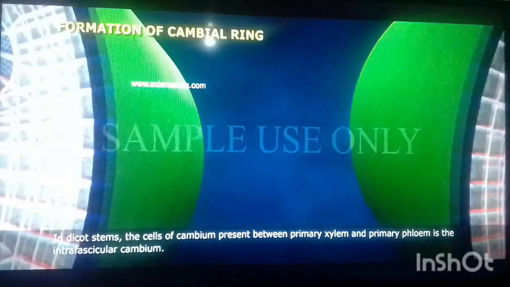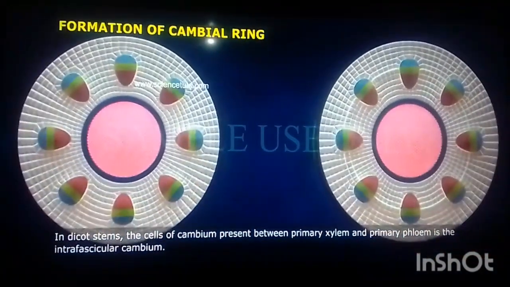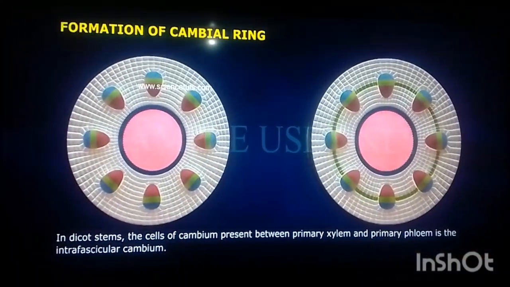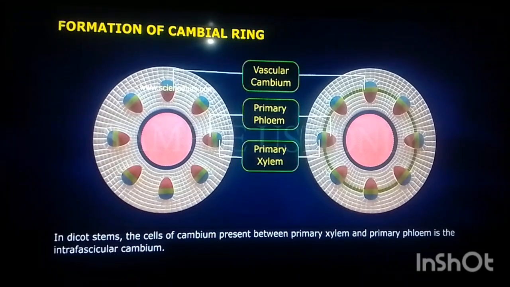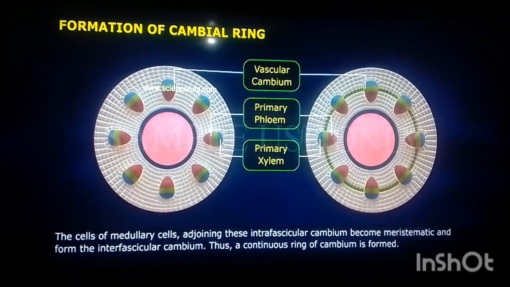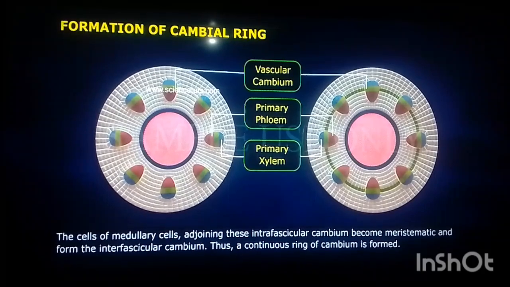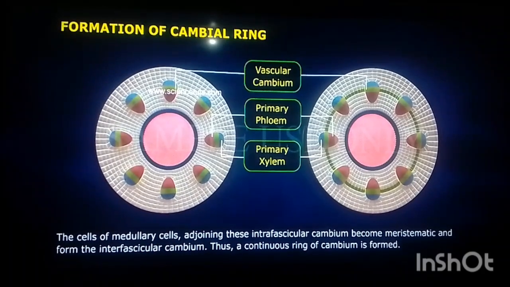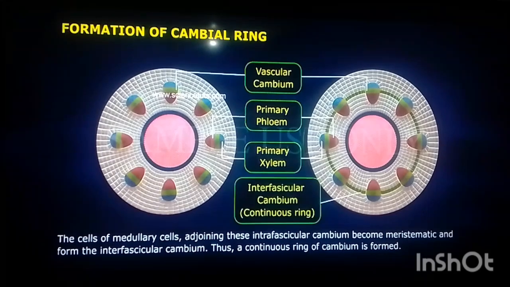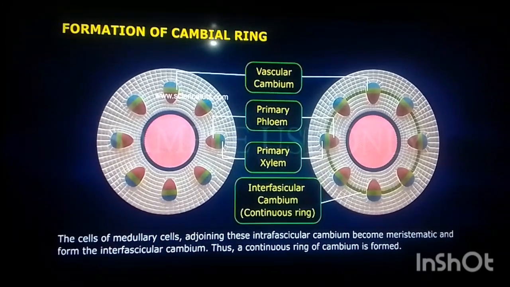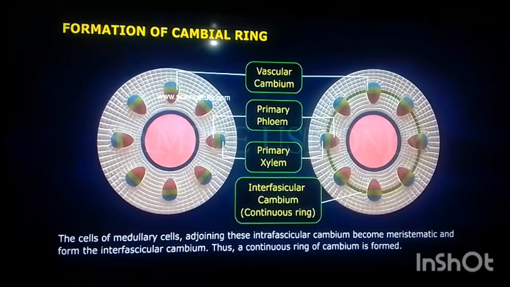In dicot stems, the cells of cambium present between primary xylem and primary phloem is the intrafascicular cambium. The cells of medullary rays adjoining these intrafascicular cambium become meristematic and form the interfascicular cambium. Thus, a continuous ring of cambium is formed.